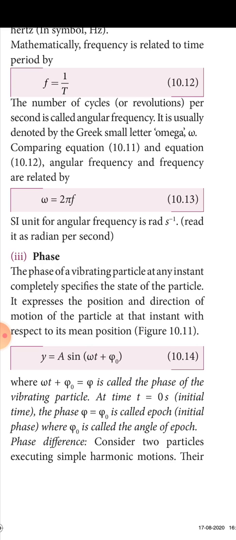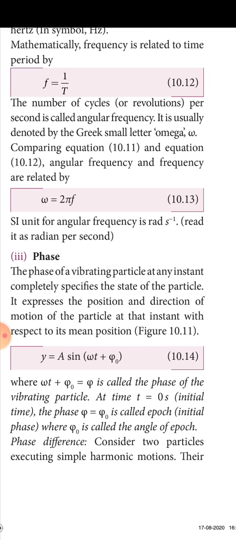At time t equal to 0 seconds, which means initial time, the phase phi equal to phi naught is called the epoch. So phi naught is called the angle of epoch. So this is phase.